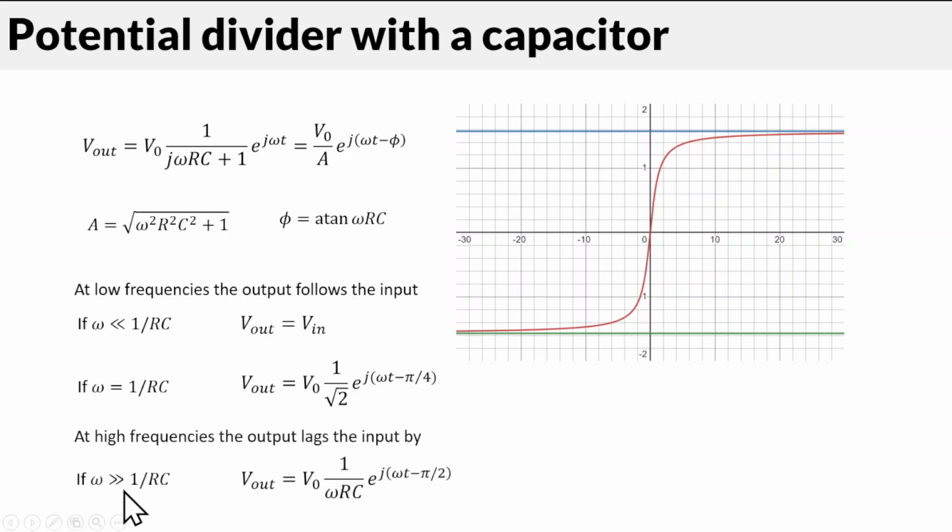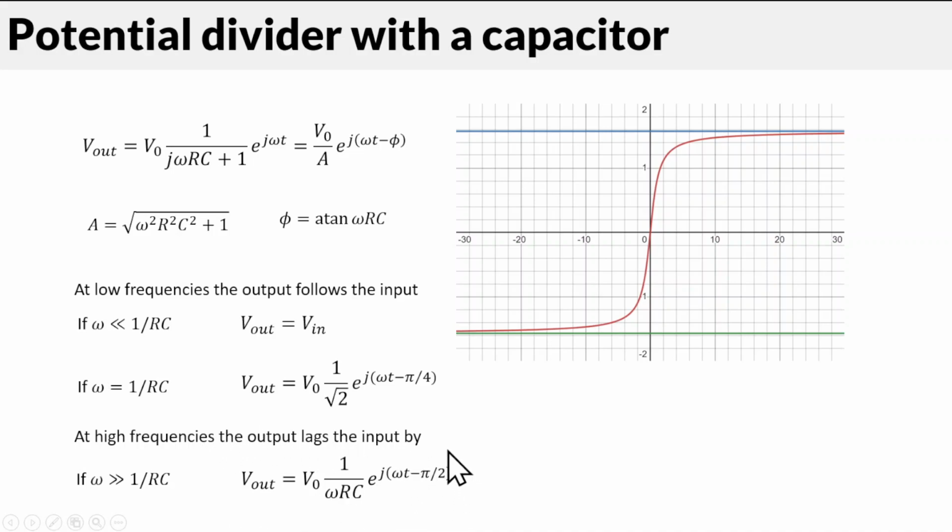Now at really high frequencies, we're going to go up towards this pi by 2 limit of the arctan function, and so our phase angle is going to become pi by 2. If we look at the denominator of our amplitude, if the omega squared R squared C squared part becomes really, really big, the 1 doesn't matter so much, and so the square root of all this reduces to omega RC.